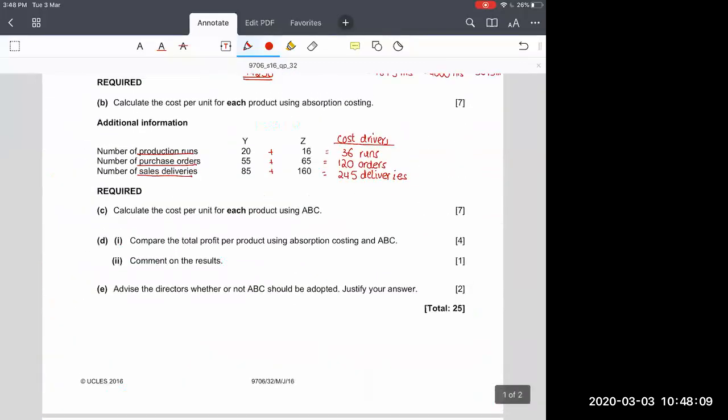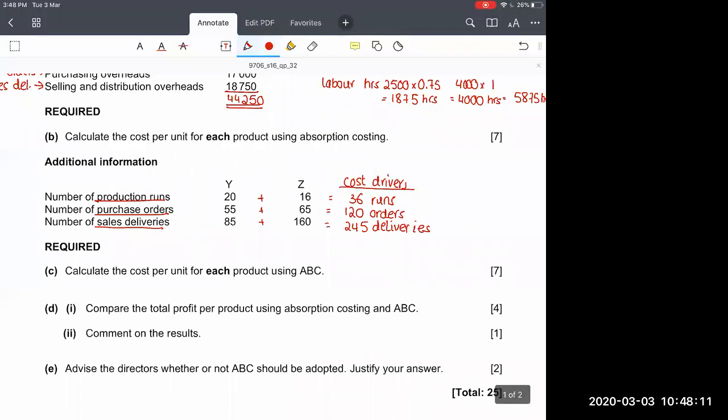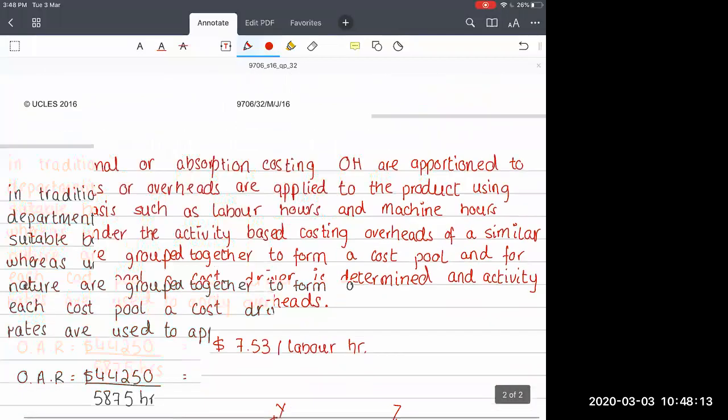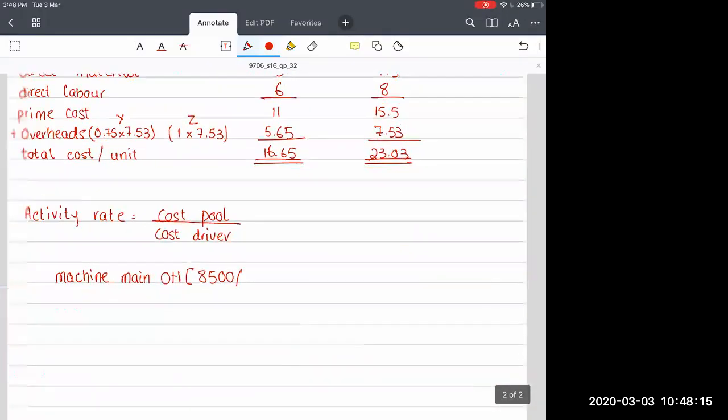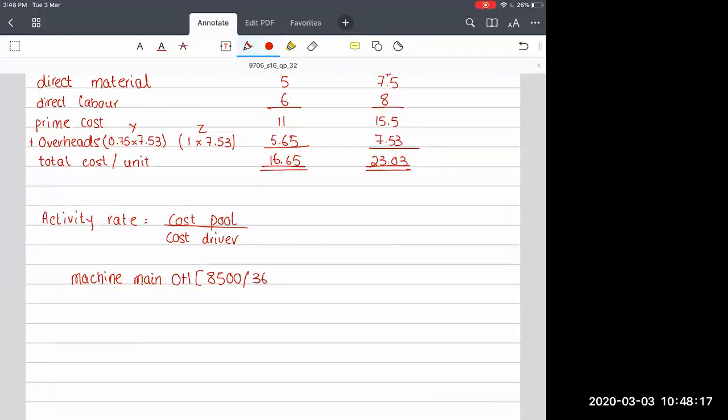And how many runs we have carried out? There are total 36 runs. Production runs, not the cricketing runs. 8,500 divided by 36. So therefore, the activity rate comes to 2125 upon 9 per run.